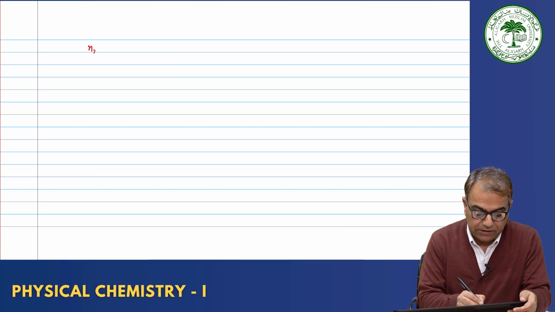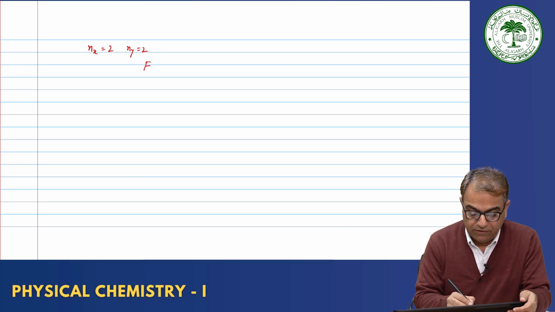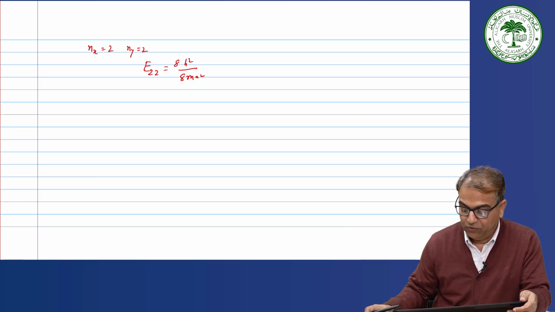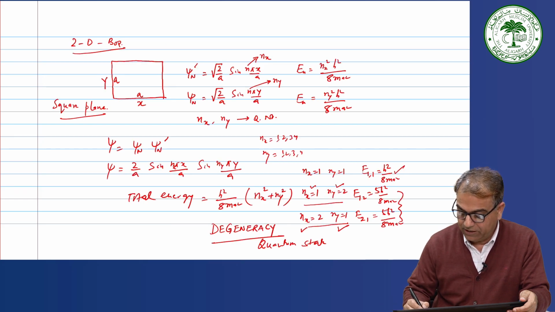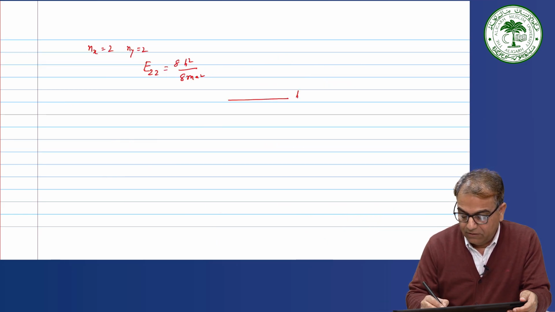For nx equal to 2 and ny equal to 2, you have nx square plus ny square, so the energy level will be E22, that is 4 plus 4, 8 h square divided by 8ma square. If you draw this, you have one level h square divided by 8ma square.